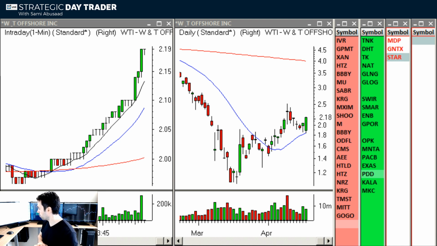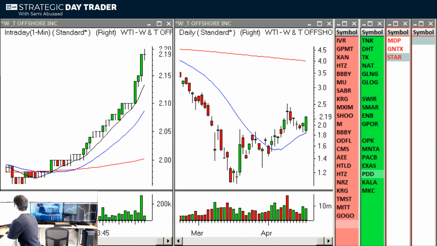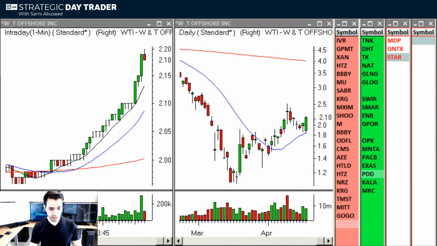So what else in oil that's moving a lot? Just WTI. That's the only thing that's moving nicely, I think. Let me refresh the page. So let's watch the WTI. It's got the volume spike. See that volume spike? So potentially a climb here on WTI.